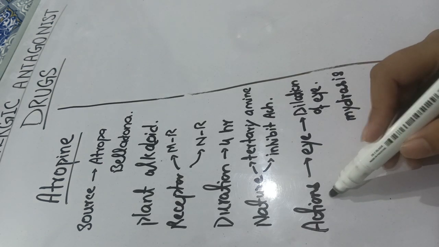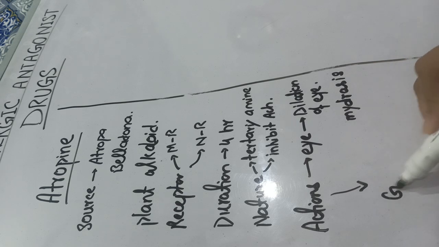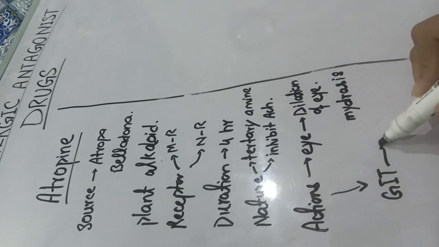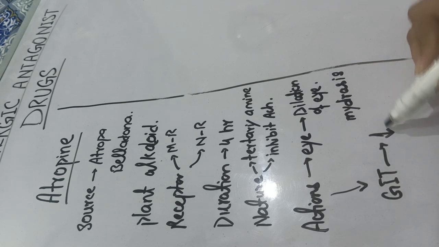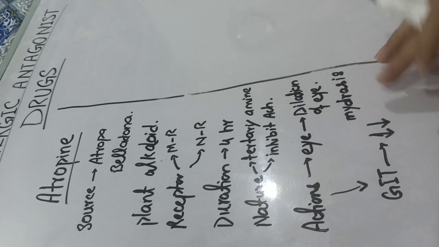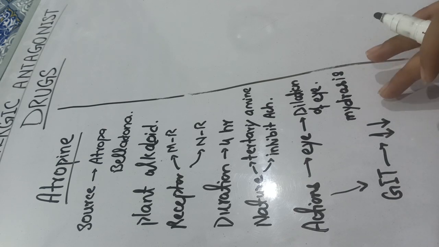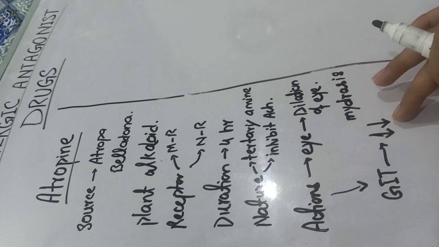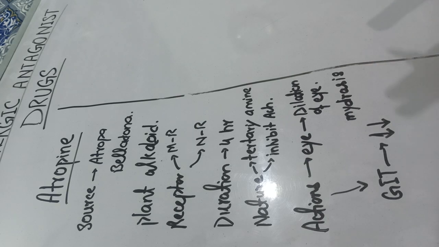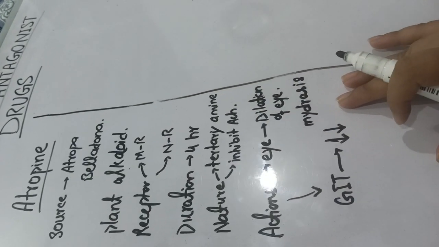Second, its effect is on the GIT. It decreases motility and decreases secretions. There is another drug, hyoscine, which also reduces motility in the GIT, but we will discuss that drug separately. Now only focus on atropine.